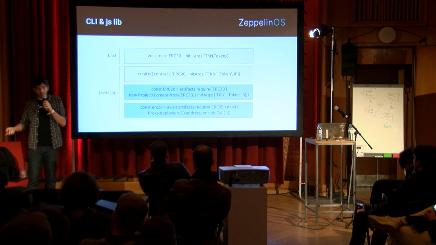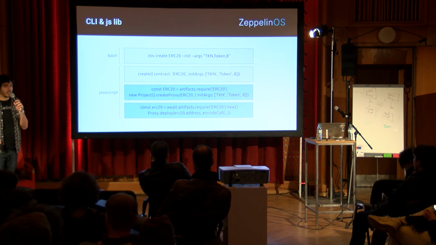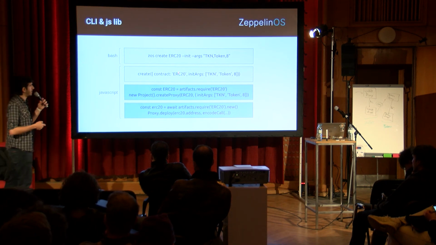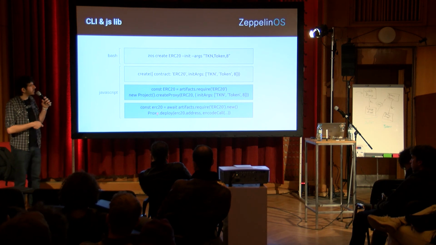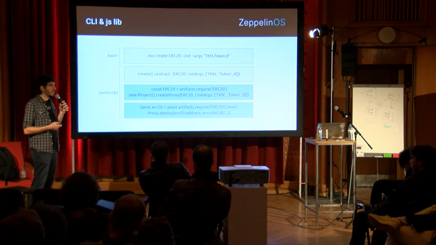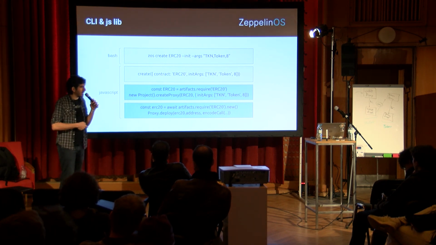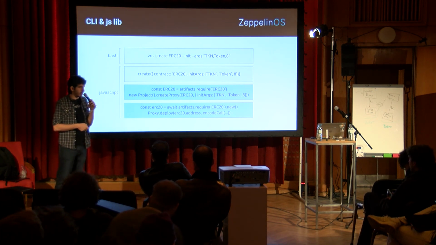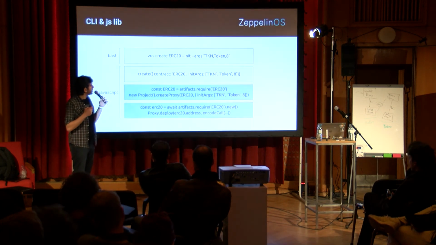But the idea I want to share with you here is that if you already have a deployment script, a set of tools, or whatever it is, where this doesn't fit, you can actually look into other levels of abstraction for integrating ZeppelinOS into your project. If you're starting a new one, I would suggest going with Bash. But if you already have some sort of script present, you might want to take a look at any of these options.